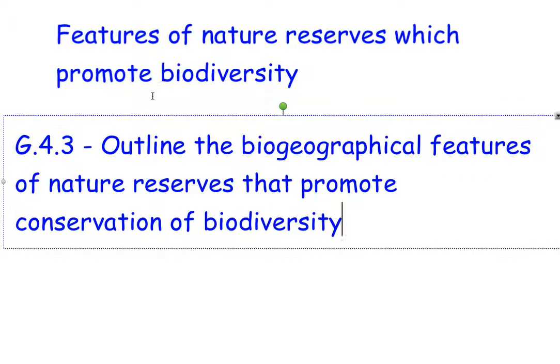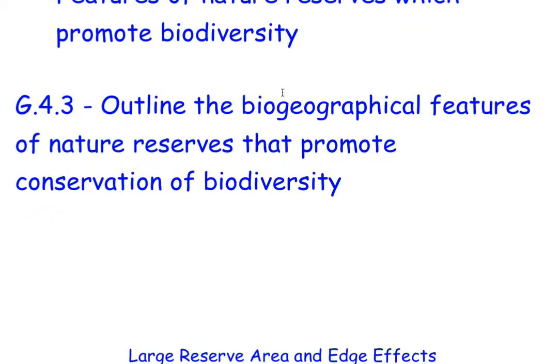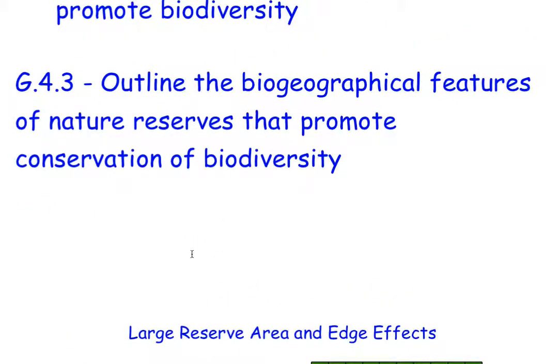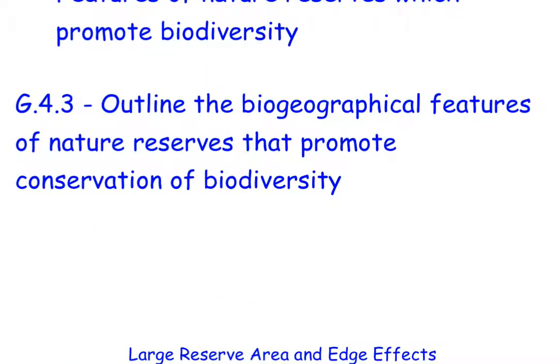Okay, so kind of the history with this. During the 70s and 80s, there was actually a pretty vigorous debate between scientists and ecologists about how nature reserves should look. And really the debate was concerning the size of the nature reserves.